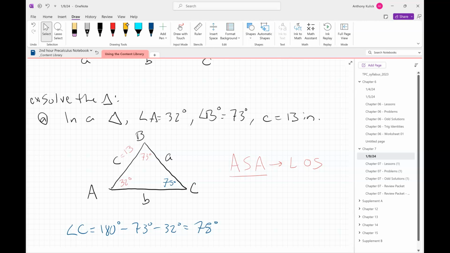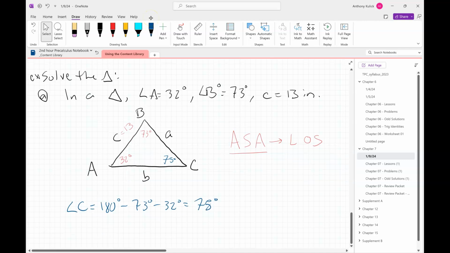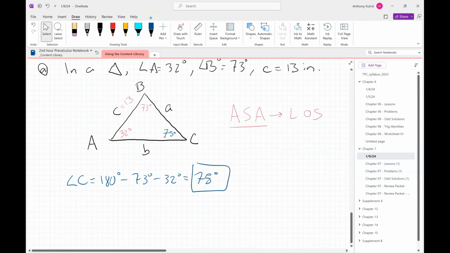In this picture, that should be A, B, or C. C, right? Because I know angle C and I know side C. That's the only situation that I know both. Does everybody feel good there?